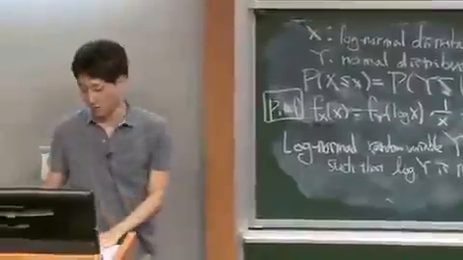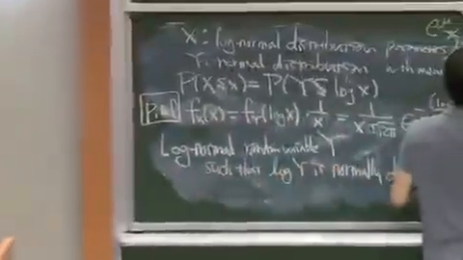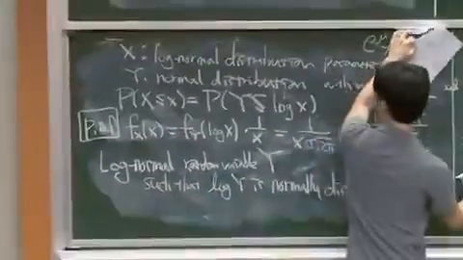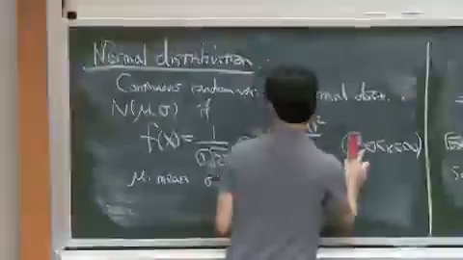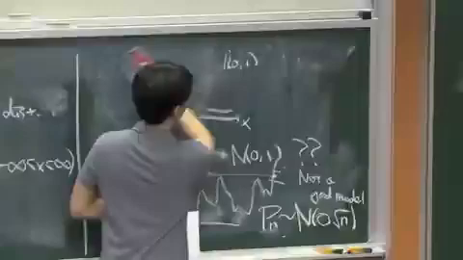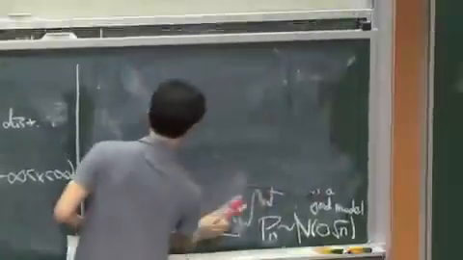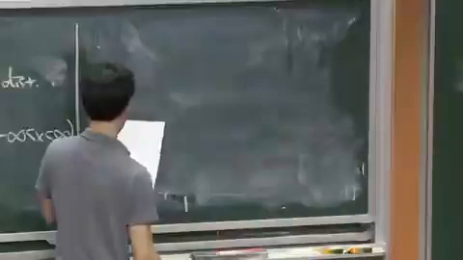The normal distribution and log normal distribution will probably be the distributions that you'll see the most throughout the course. But there are some other distributions that you'll also see, which we will not talk about in detail. They will be some exercise questions.